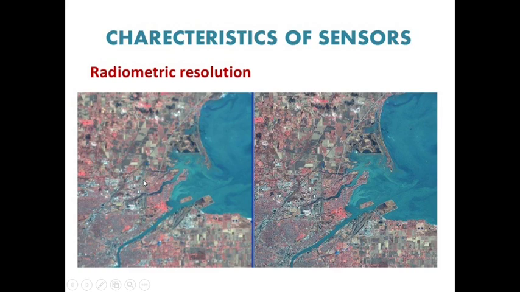Now you can see that in the 32-bit image the objects become sharper and you can differentiate the objects more easily than in the previous image, because here you can see the coastline as well as the road sections and the small settlement areas, houses and buildings are visible, but here they are blurred and the visibility or the sharpness of the objects is very low.